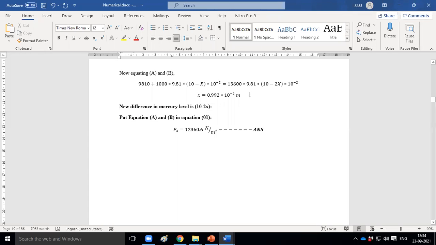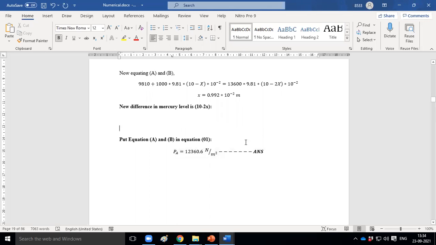Now we need to find x or any other term. Which term do we need to find? The new difference in mercury level, and the new difference in mercury level is 10 minus 2x. Therefore, tell me what will be the new difference in mercury level.